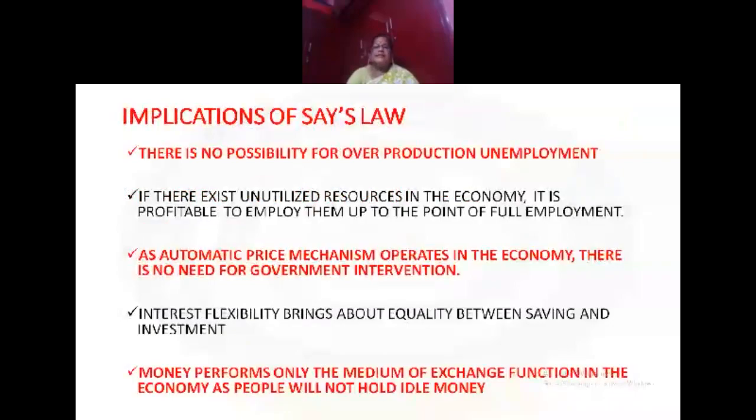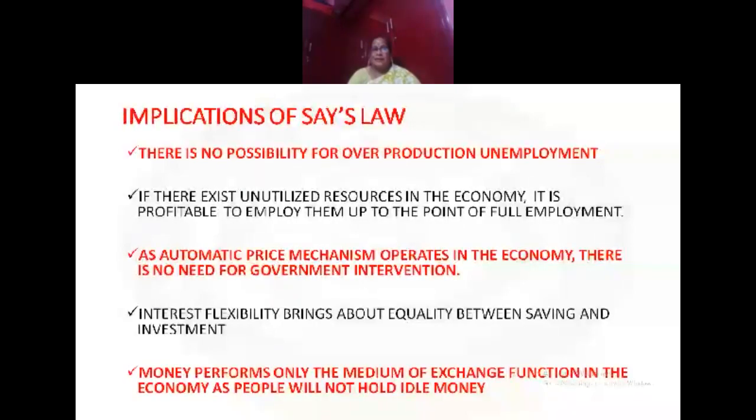Let us see the implications of Say's law. There is no possibility for overproduction or unemployment. That is a very, very important implication. While you are implementing, only then will you come to know what all things are to be added or not added.